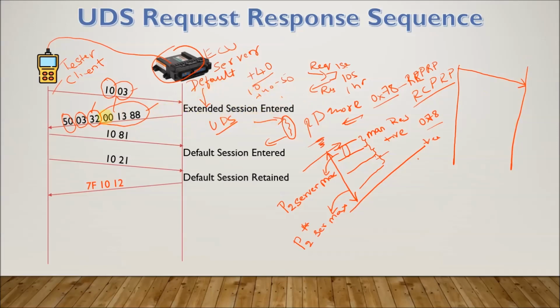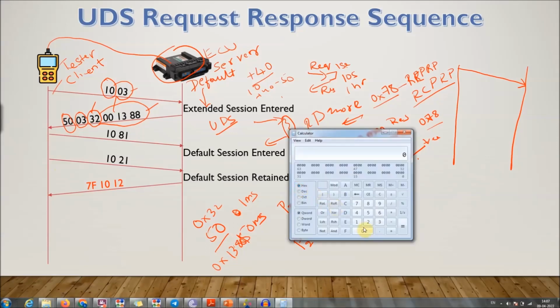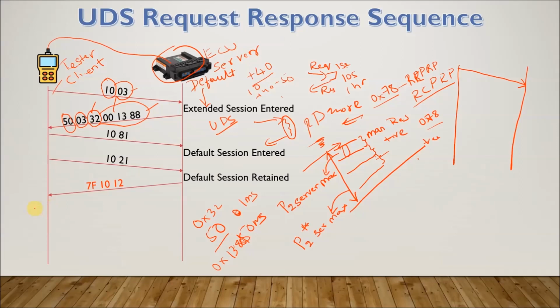So this 32 is there, right? 32 means it is hexadecimal 32. In decimal it is 50. For P2, the resolution decided by UDS is 1 millisecond, so it's 50 milliseconds. Then the P2 star, hexadecimal 1388, will become 5000 in decimal, right?